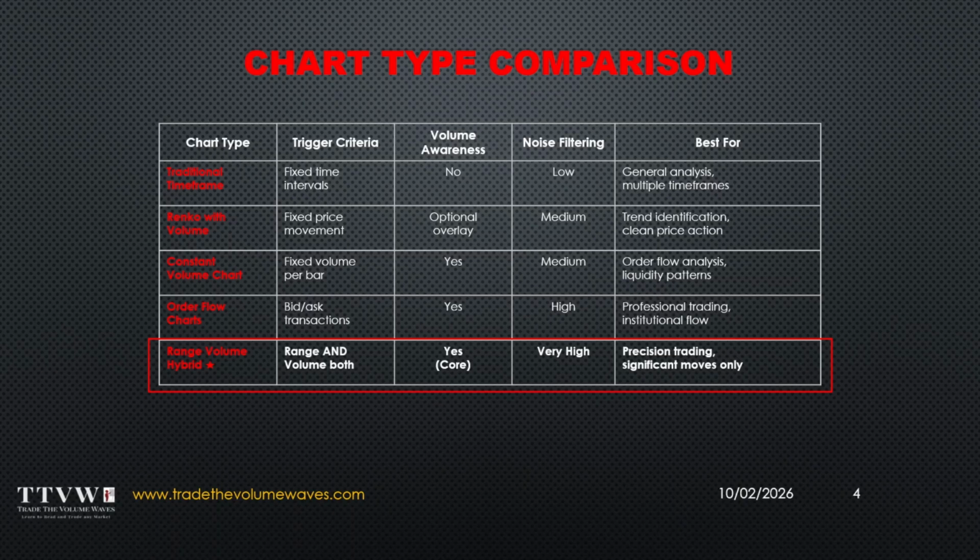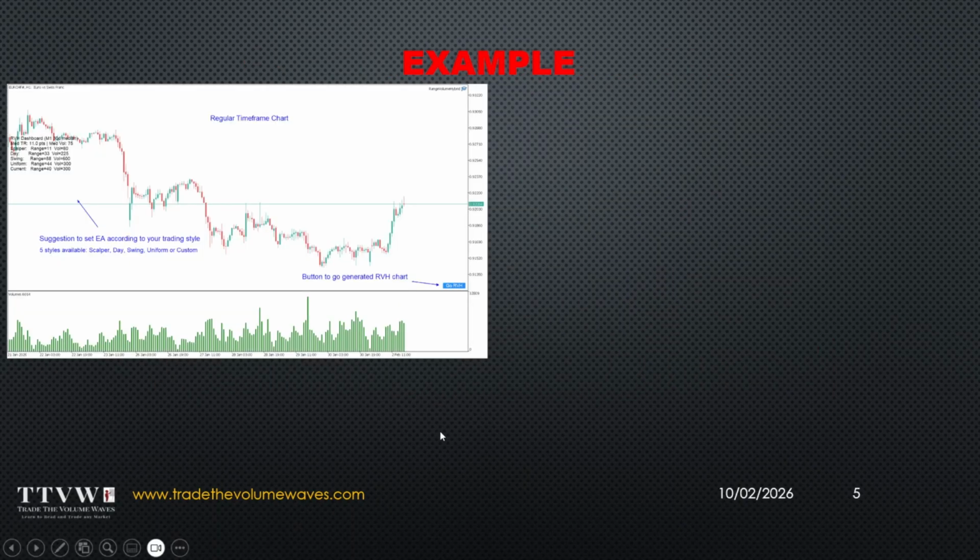Let me continue. So that's a regular 1 hour time frame chart where I dropped the expert advisor called range volume hybrid, and you can see it here and up here. On the left, this expert advisor is giving us a suggestion according to our trading style.